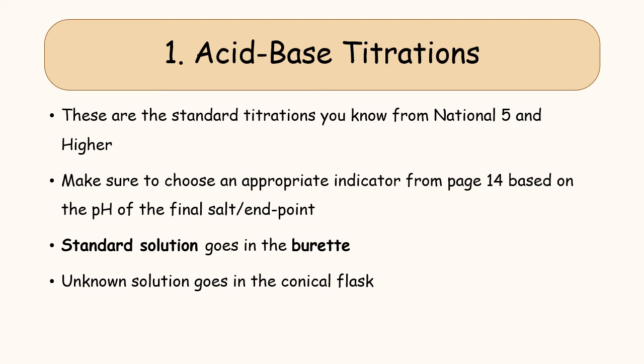And if you know what pH your salt is going to be, that's what's forming at the end point, or if you're told or shown where the end point is in terms of the pH scale, choose an indicator that will not change colour until the end point, and will definitely change colour in the middle of that end point.